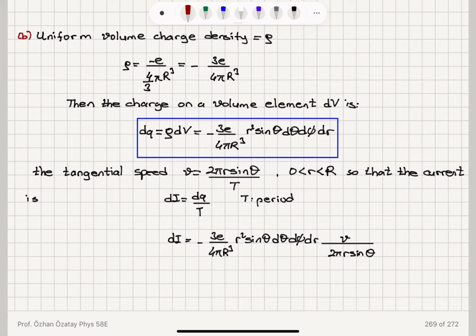Now you can see that this r sine theta will get rid of this r sine theta here. So you'll be left with a single r on top.